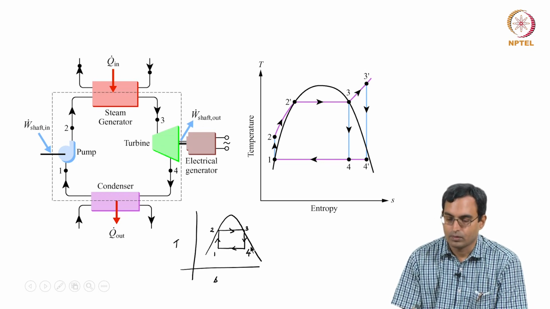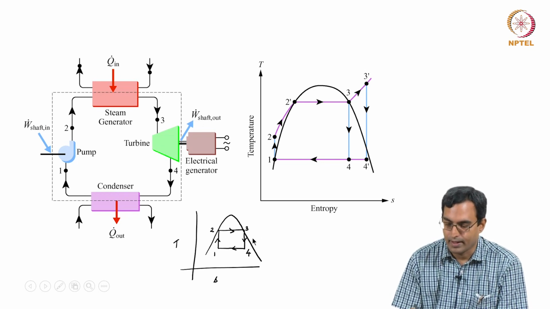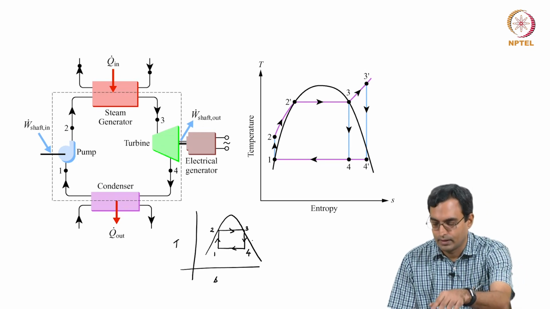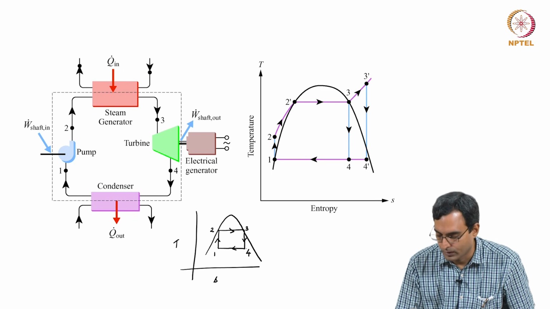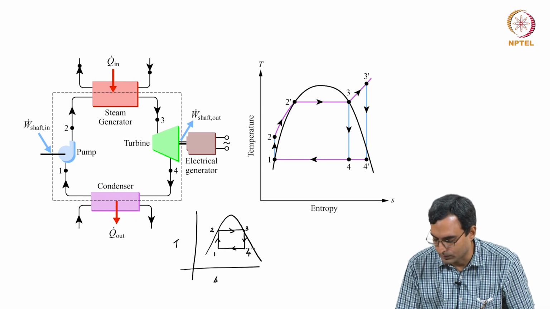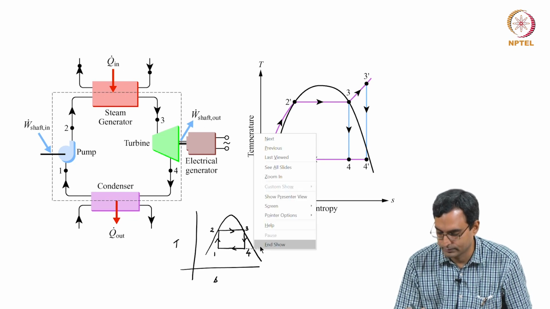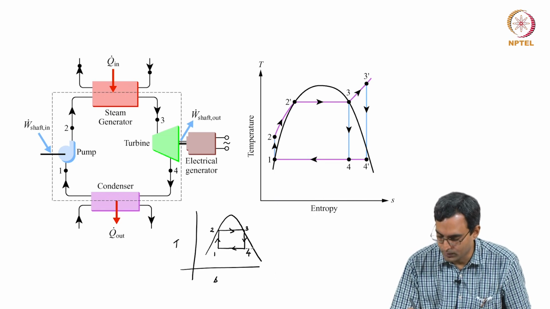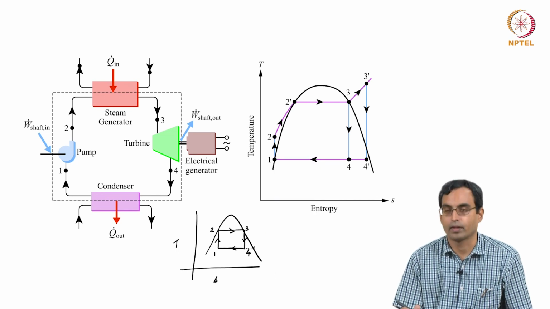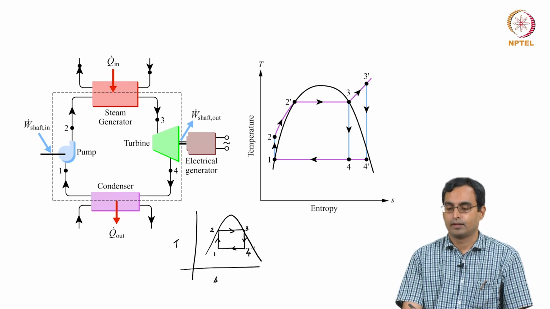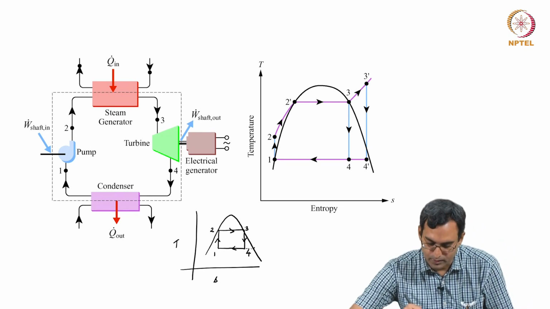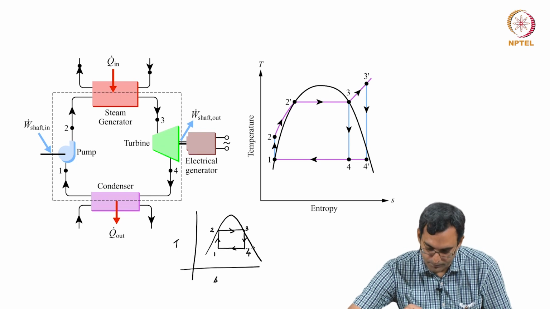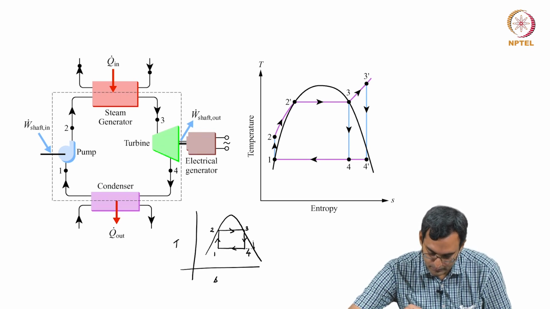So, if I want to do that, then one option is that I can continue this process 2 to 3 outside, so that I can move this point 4 to somewhere here. So, I want to move point 4 to this point such that it is still vapor at point 4. So, what I need to do is my expansion process 3 to 4, I can now change it here.